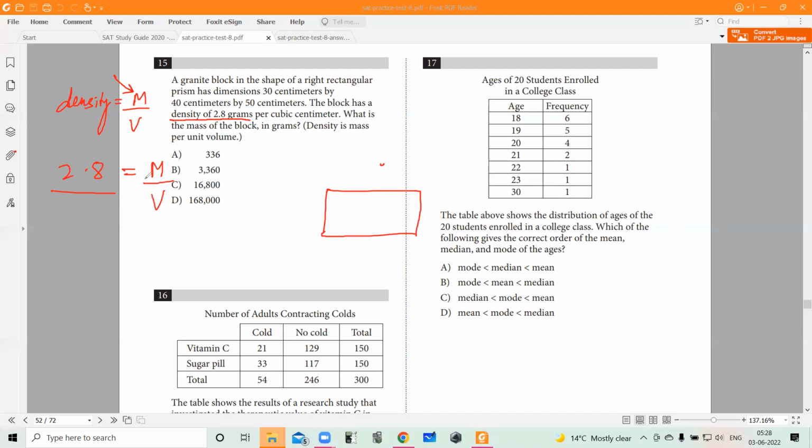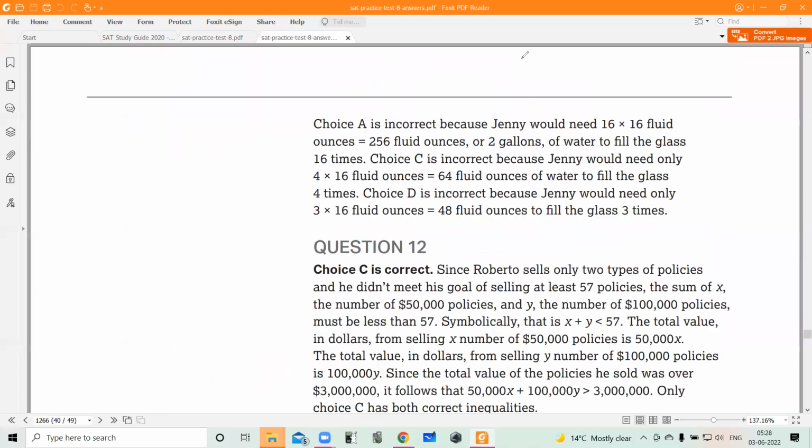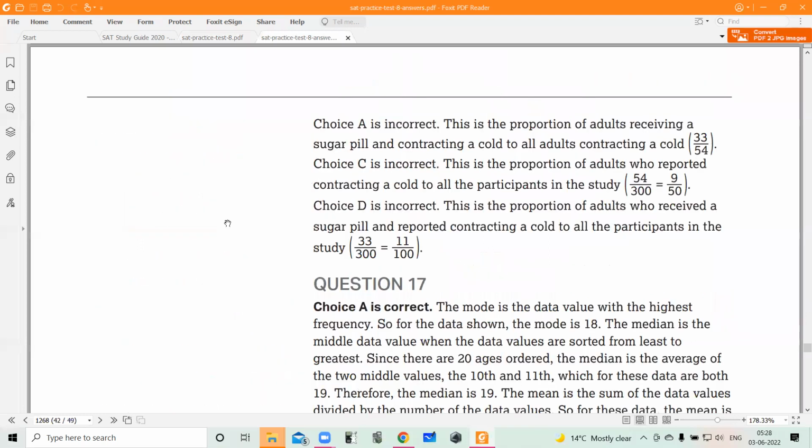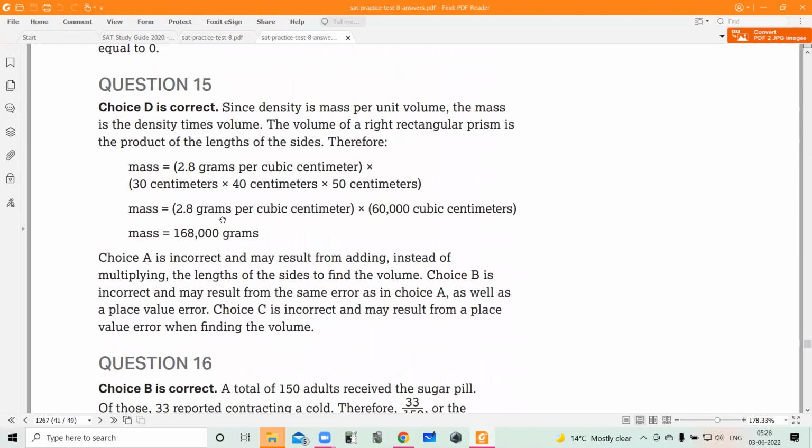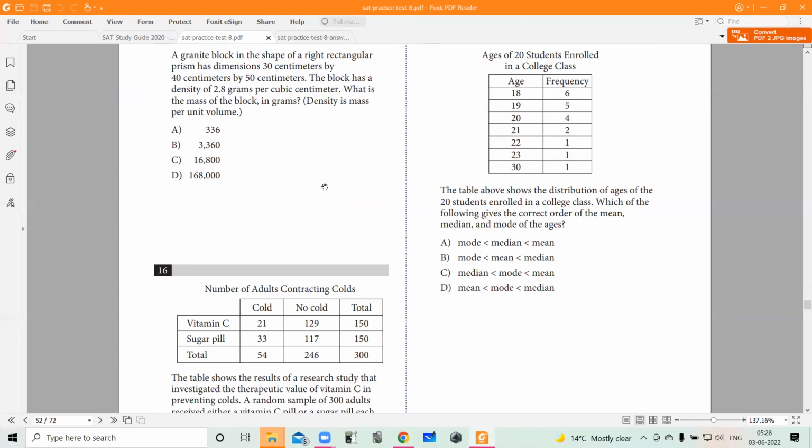So 2.8 is equal to mass per unit volume, and that means the mass equals 60,000 times 2.8. Yes, correct. Because we have to calculate the mass. 2.8 times 60,000 is 168,000, right? Yeah. That's option D. You're right. 15D. Correct. 16.